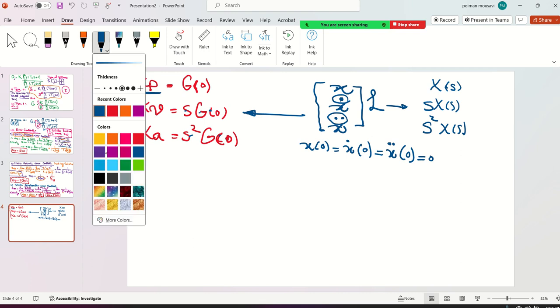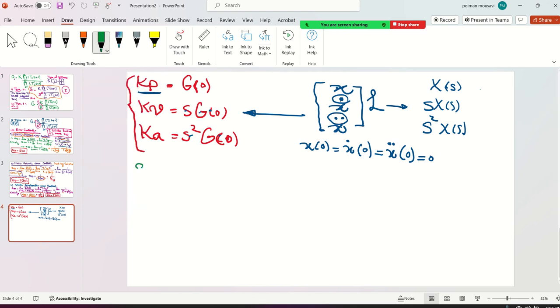Now let me finish the topic, because you have to combine both topics I taught today. Case A. When you have ESS is 1 over 1 plus Kp. What was the Kp? It was 1 plus G0.